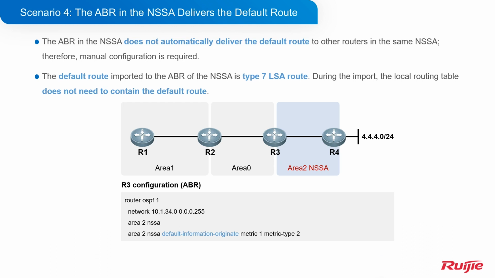So for the NSSA area, we have to configure the default route manually. This is the difference between the NSSA area and the stub area.